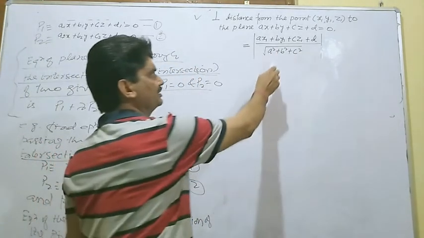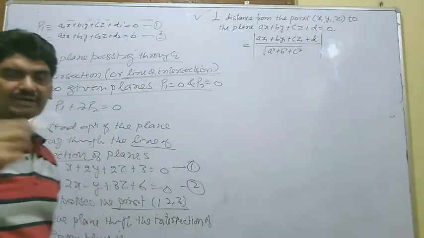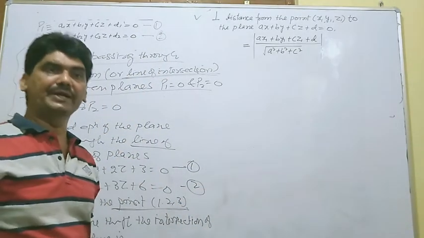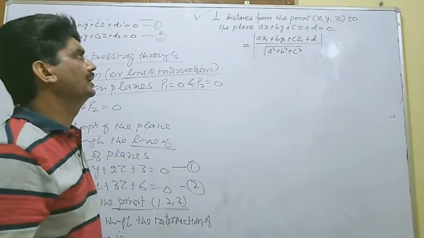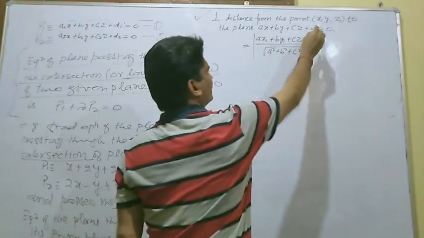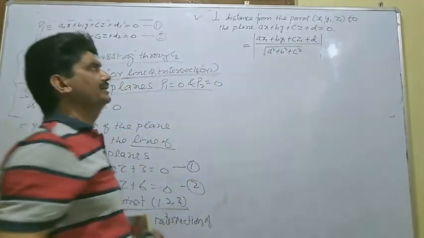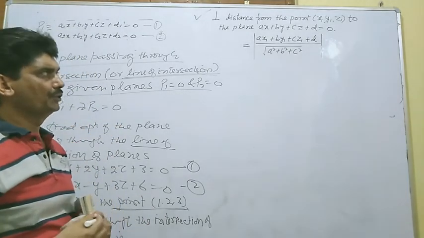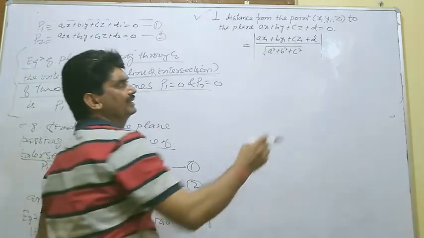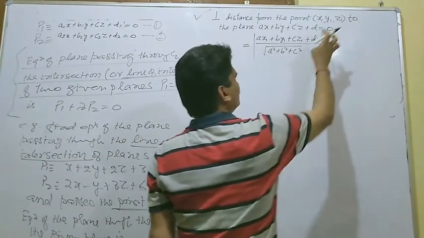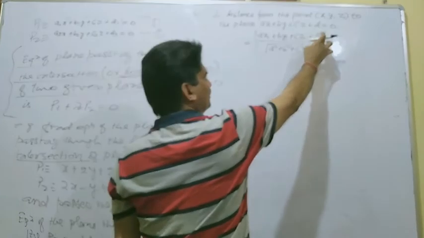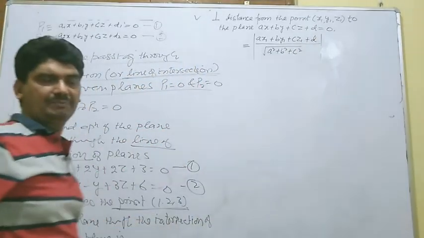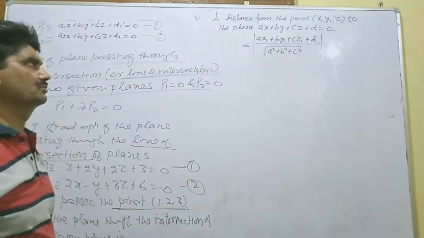It is just an extension of the formula for perpendicular distance from a point to a line in 2D. A particular case is the distance of the plane from the origin. Origin means the point will be (0, 0, 0). So this distance is mod d upon under root a square plus b square plus c square.